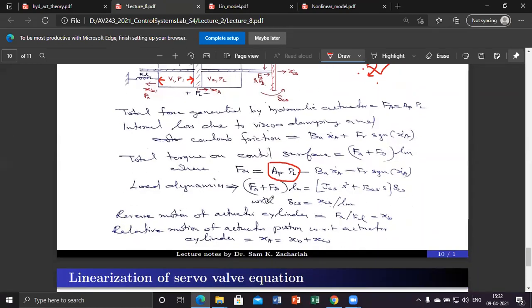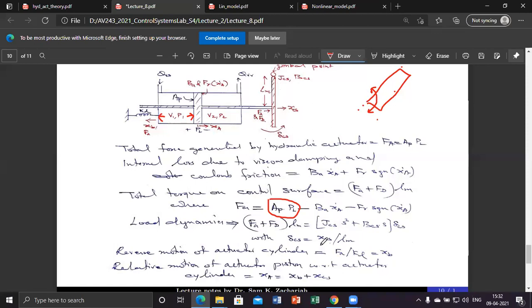That's the final equation, the load dynamics. FA plus FD into LM, that is the total moment acting on the control surface, is equal to, now the load dynamics, JCS into S square plus BCS into S, into delta CS, where JCS is the moment of inertia of the control surface about the hinge point, and BCS is the viscous damping coefficient due to some bearing damping, and delta CS is the small deflection about the null point.